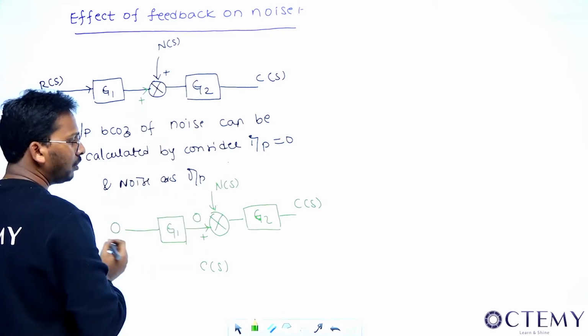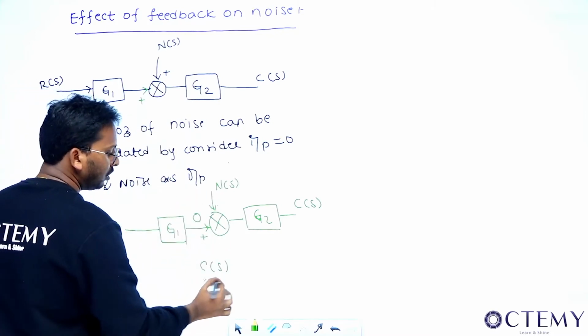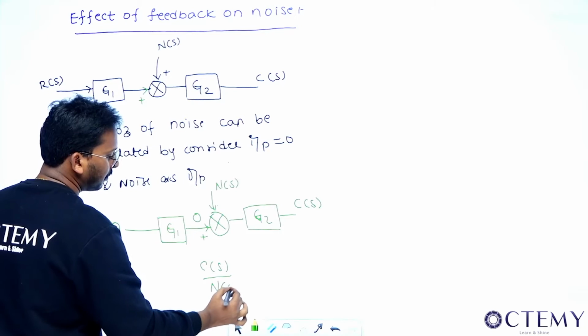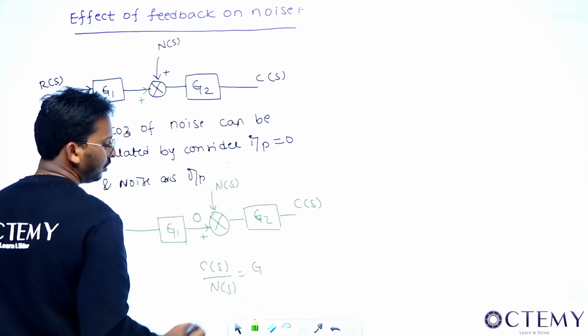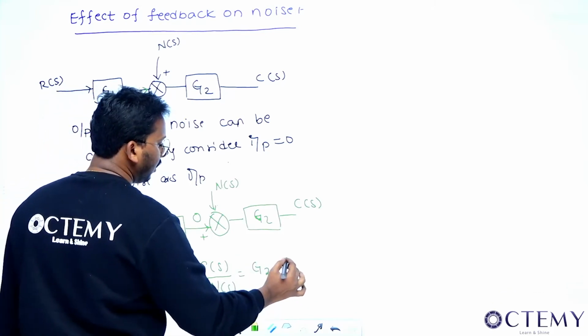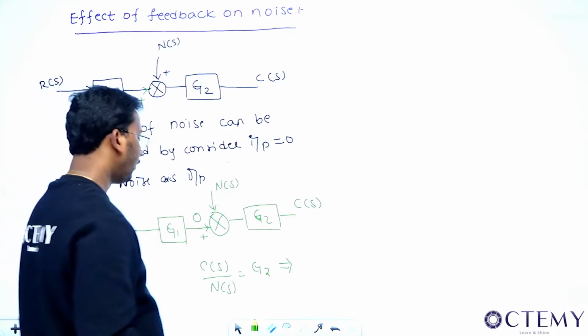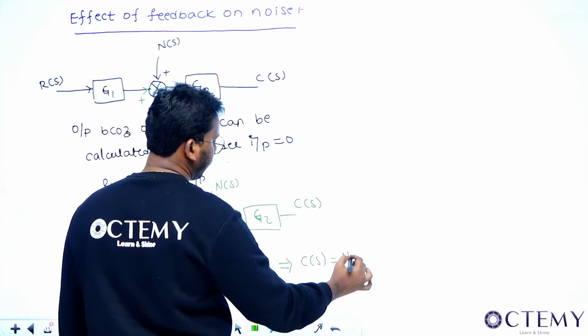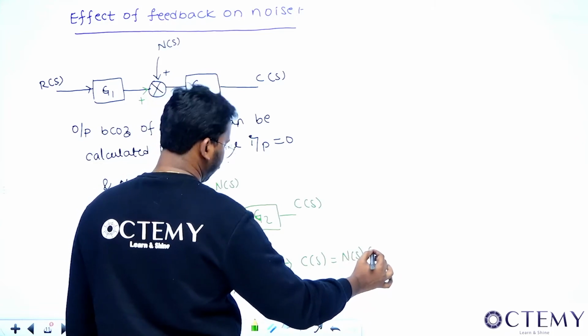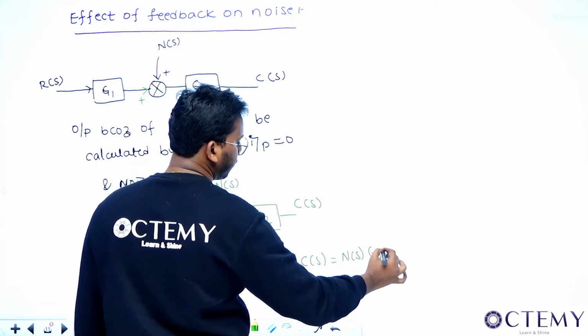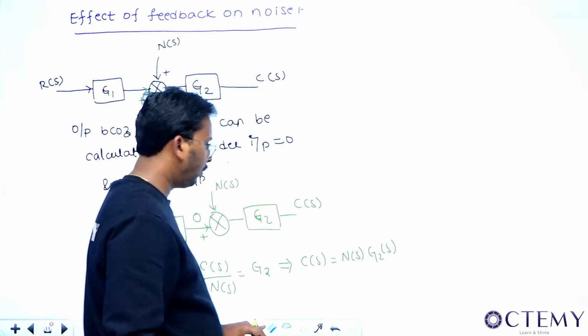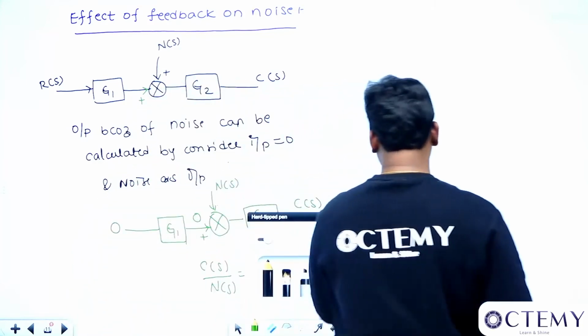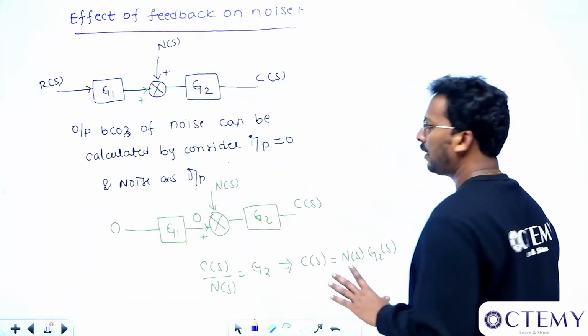Then this branch will go away, only this will be there. So C of S by N of S will be equal to G2, which implies C of S will become N of S into G2 of S.